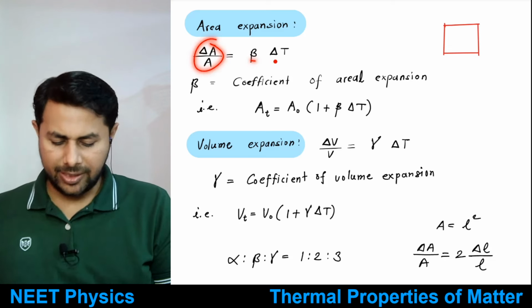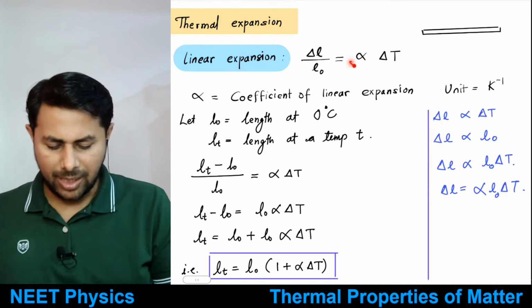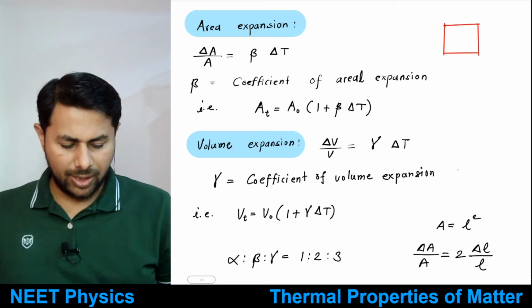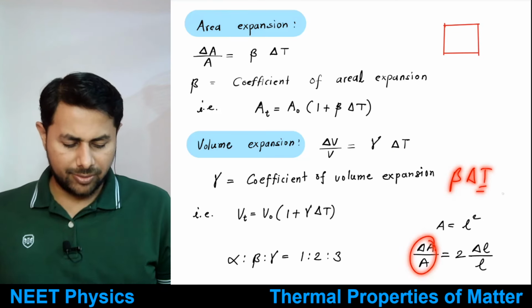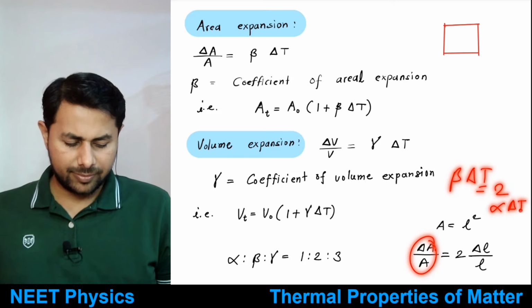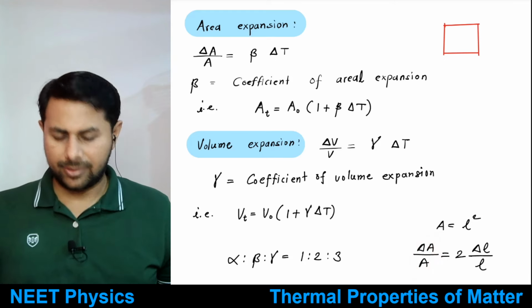So what is delta A by A? It is equal to beta delta T. Okay. What is delta L by L? It is equal to alpha delta T. So you have beta delta T is equal to 2 times alpha delta T. Right, delta T gets cancelled out. So beta is equal to 2 times alpha, right?